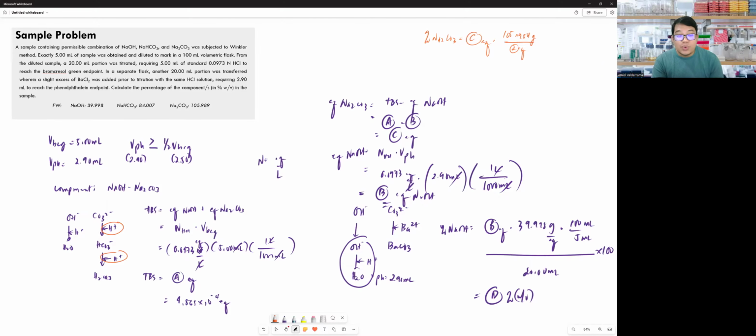So it requires 2 moles of each para ma-convert si carbonate to carbonic acid and vice versa. So version 2 dyan, times dilution factor na 100/5 divided by 20 ml times 100. So ito ay store natin as letter E, percent weight per volume. Okay?